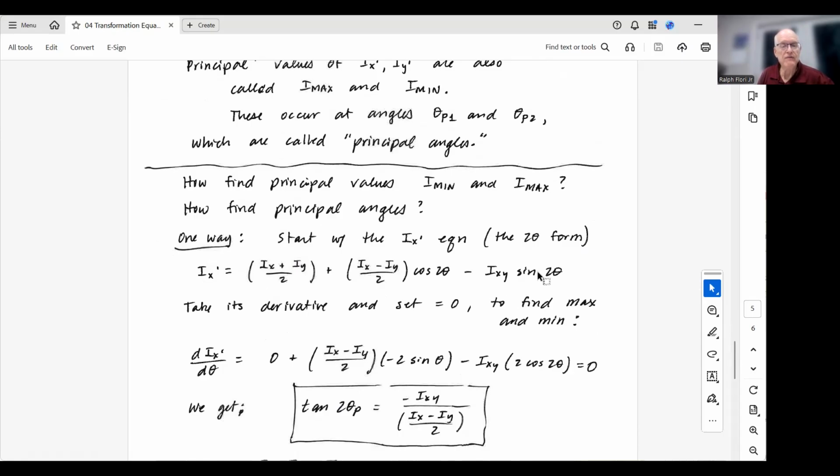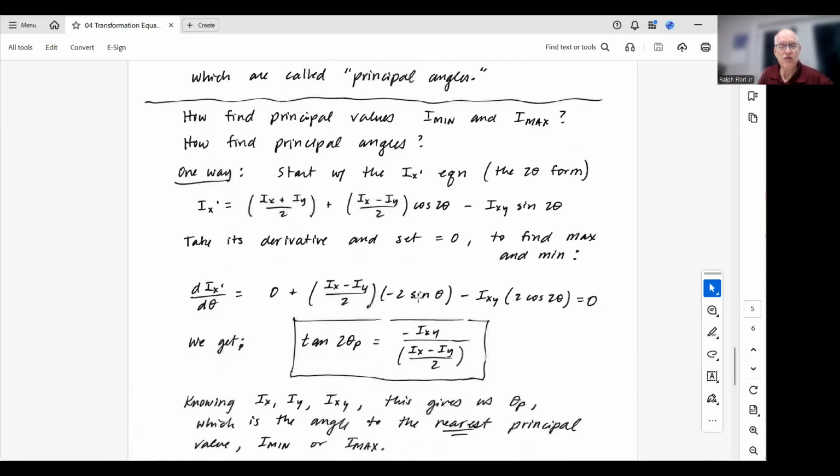So if you take the derivative of this, the first term is 0. The second term is minus 2 sine theta times this term. The third term is a minus Ixy 2 cosine 2 theta. If we set that equal to 0, we can solve for tangent of 2 theta p.